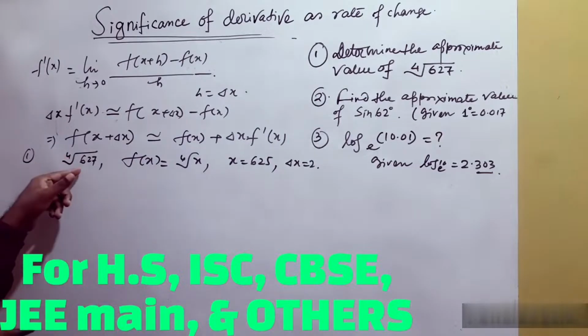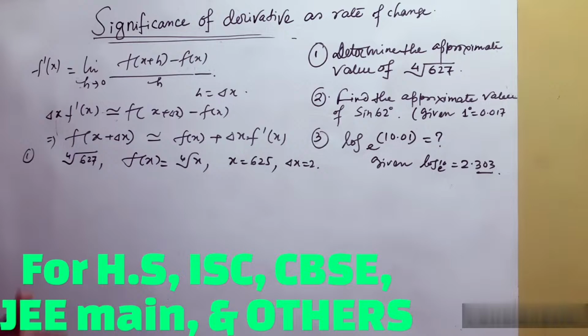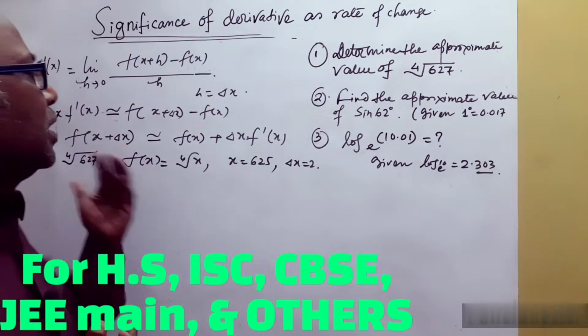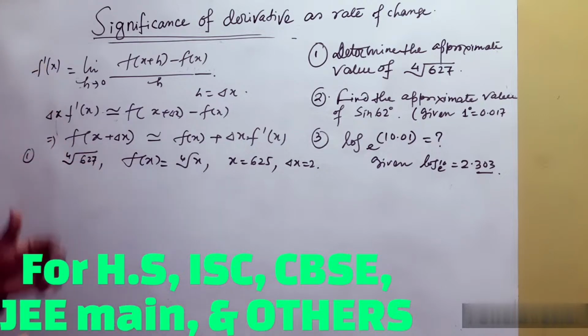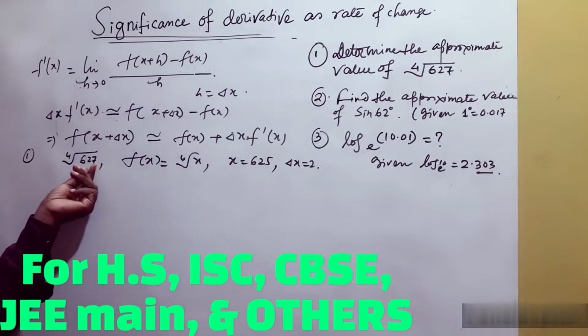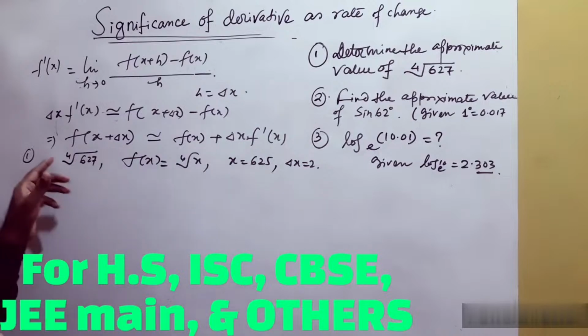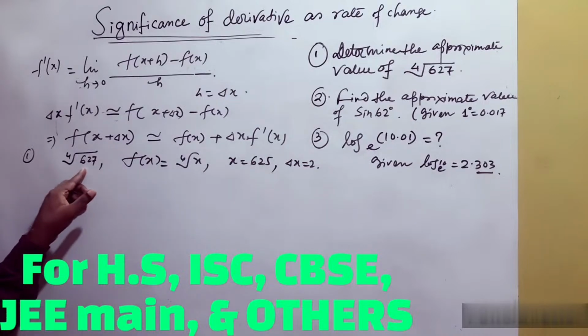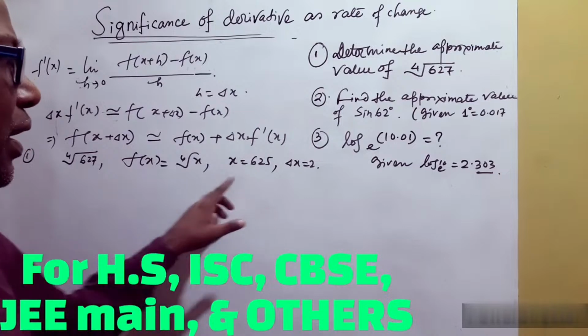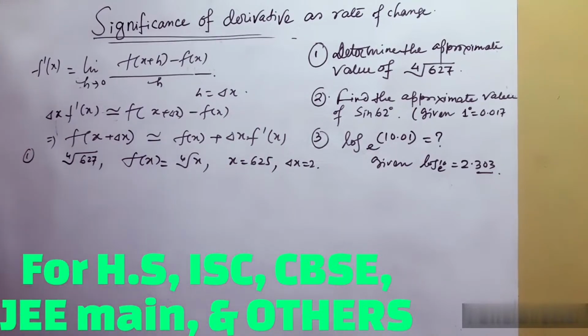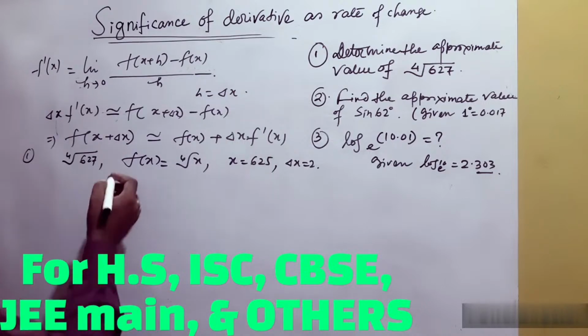Again, for the fourth root of 627, the nearest value is 625, so del x would be 2. But for 624, x is 625 and del x is minus 1.